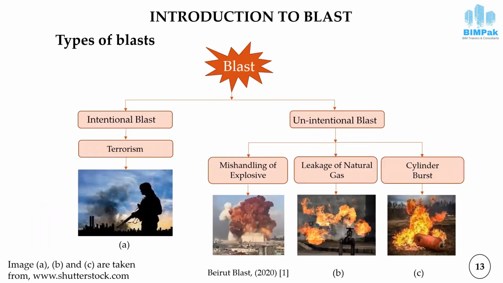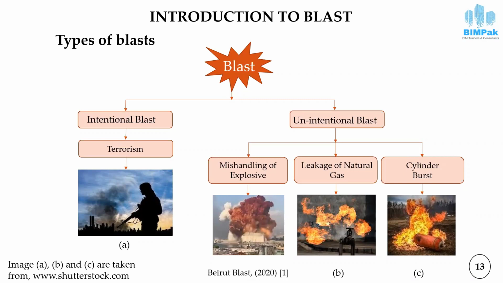There is another type of classification, which is intentional blast or unintentional blast. In case of intentional blast, we have terrorist activities or some sort of war. In case of unintentional blast, we have three causes.